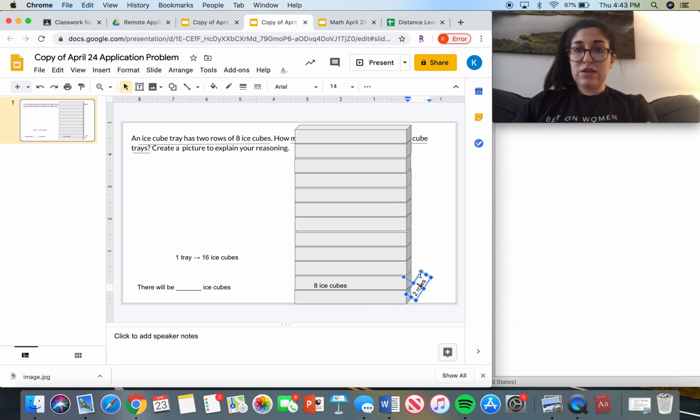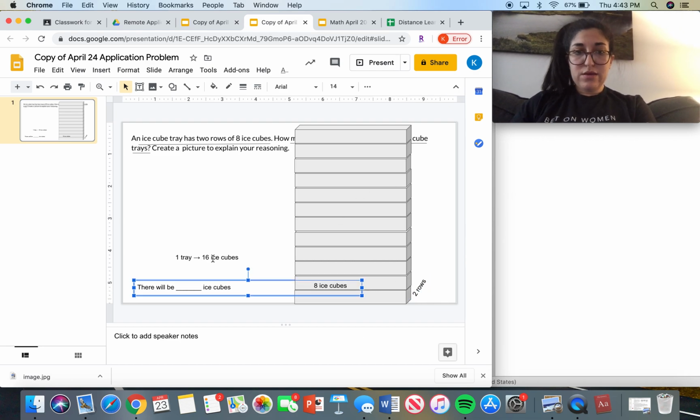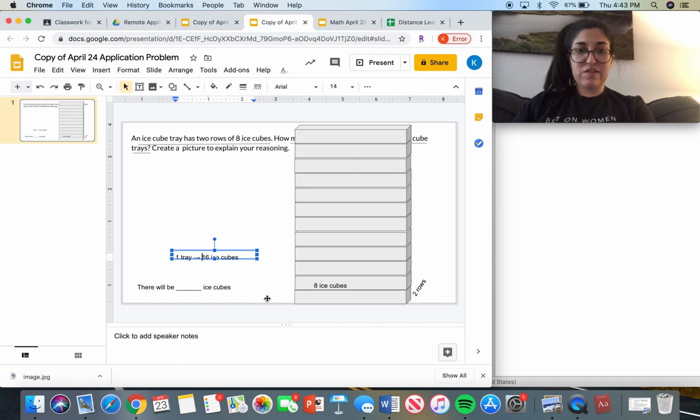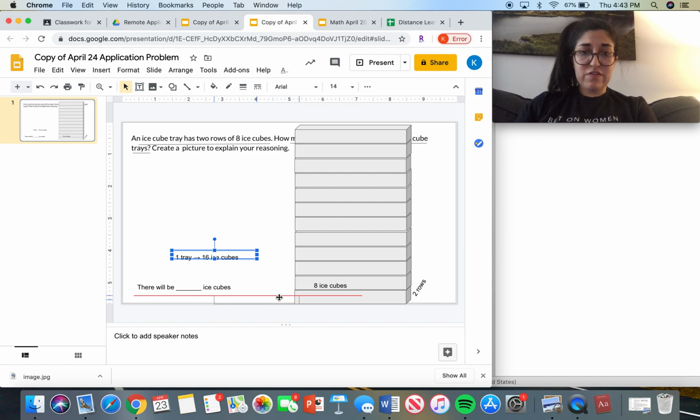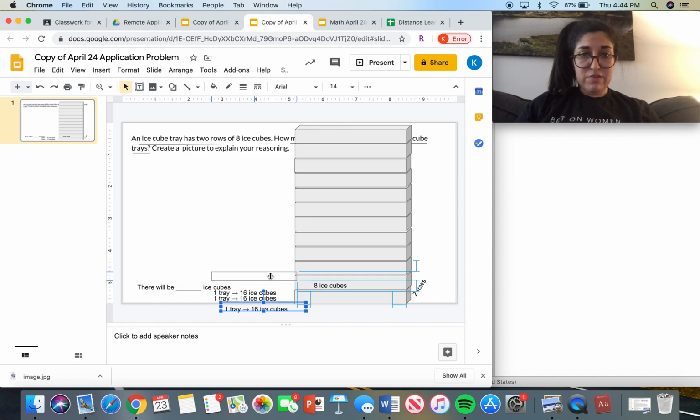So remember, the question is how many ice cubes do I have in all? Well, I said that one tray was 16 cubes. So if this is 16 cubes, then this is going to be 16 cubes, and this is going to be 16 cubes. I'm going to make sure that I line it up, and so on and so forth.